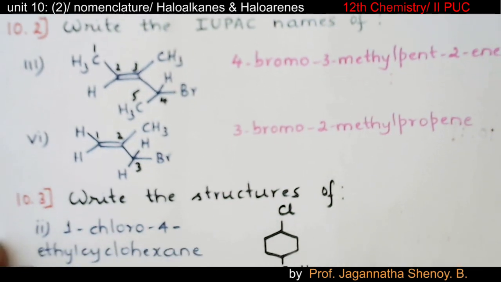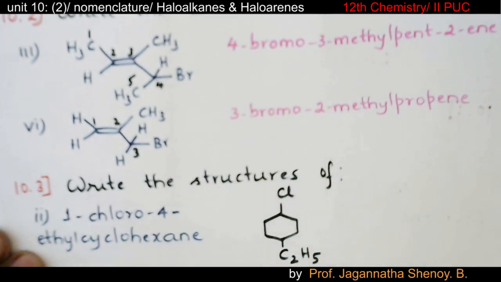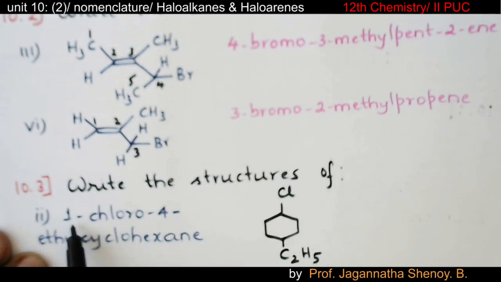Next, in 10.3, they will give the IUPAC names and they will ask you to draw the structure. Consider the second example there. 1-chloro-4-ethylcyclohexane. So what's the parent hydrocarbon? Cyclohexane, right?